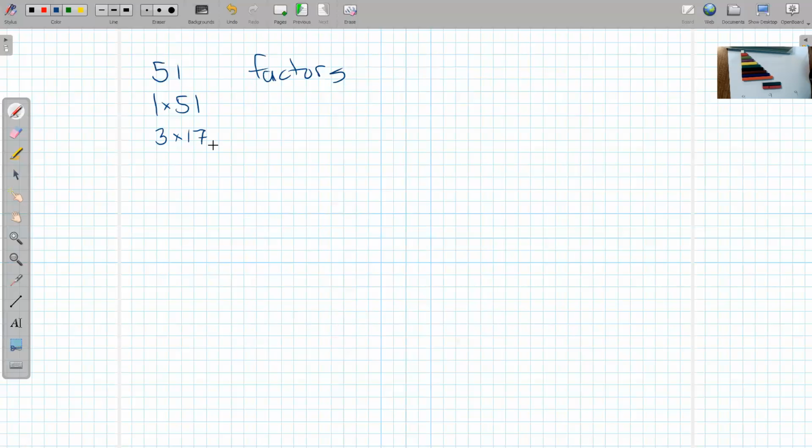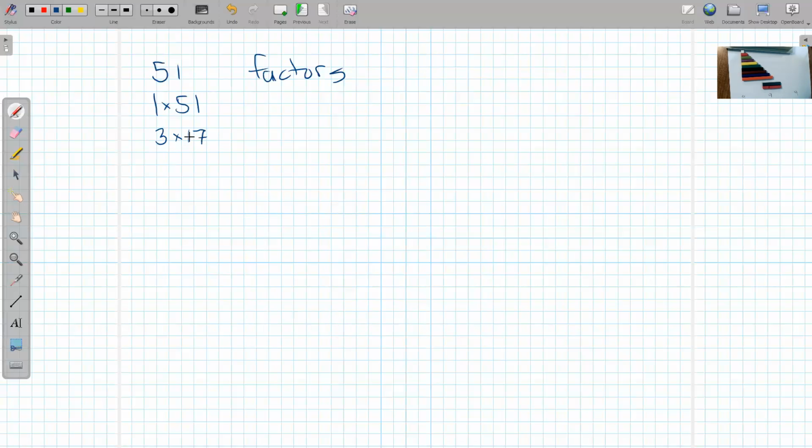And 17's ringing a bell. What's special about 17? Anyone? Think of anything special about 17? Evan says it's prime. It is.